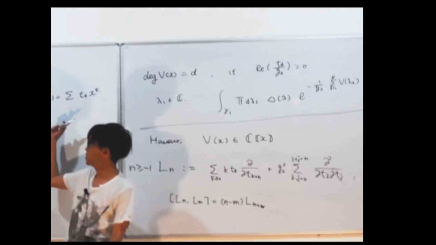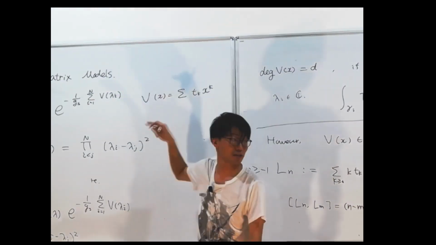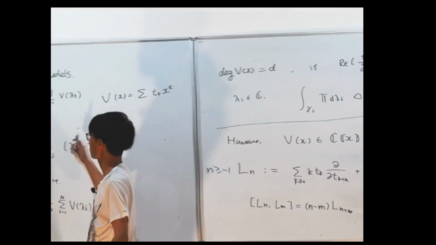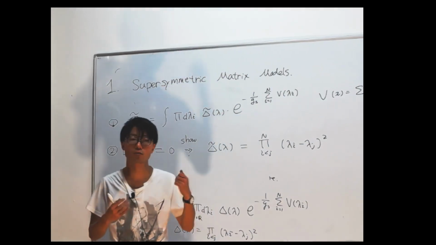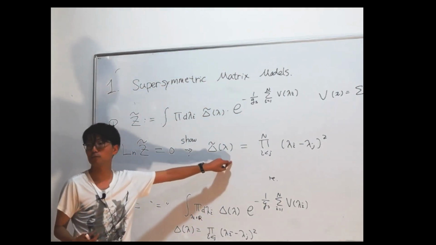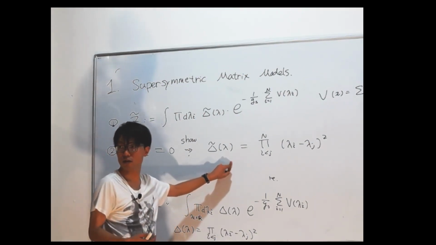So I have to keep V to be a power series with these specific coefficients. This Tk is exactly the same as this Tk. Okay, then you act on it and you integrate by parts, and assuming there's no contribution from the boundary, you find this up to an overall constant. Does that make sense? All right, good.